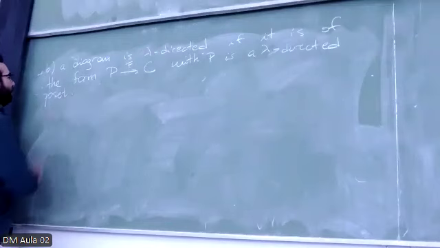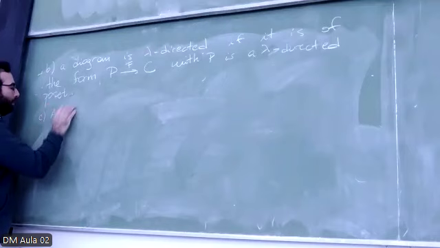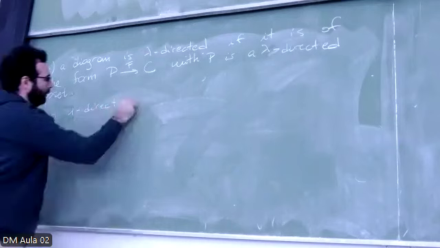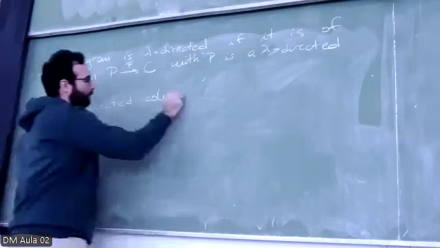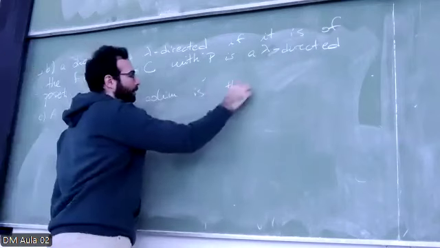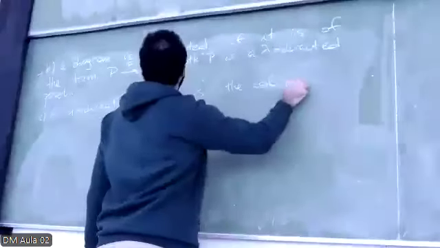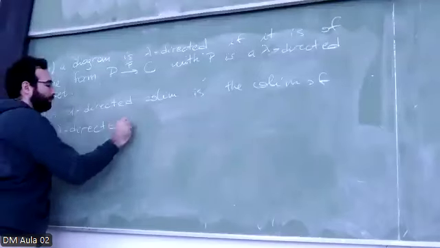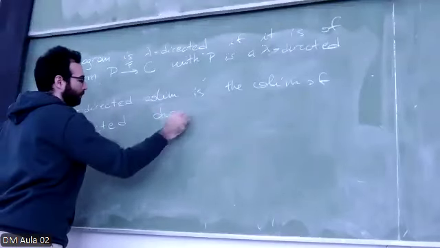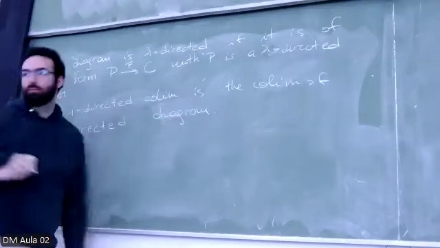All right. So a lambda directed colimit is the colimit of a lambda directed diagram. Okay.